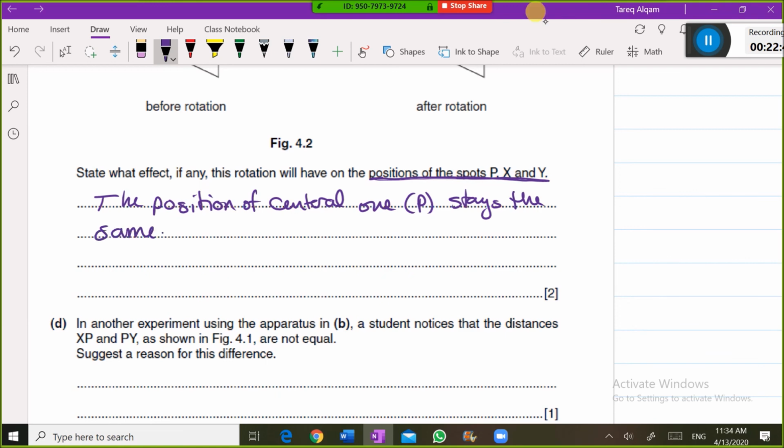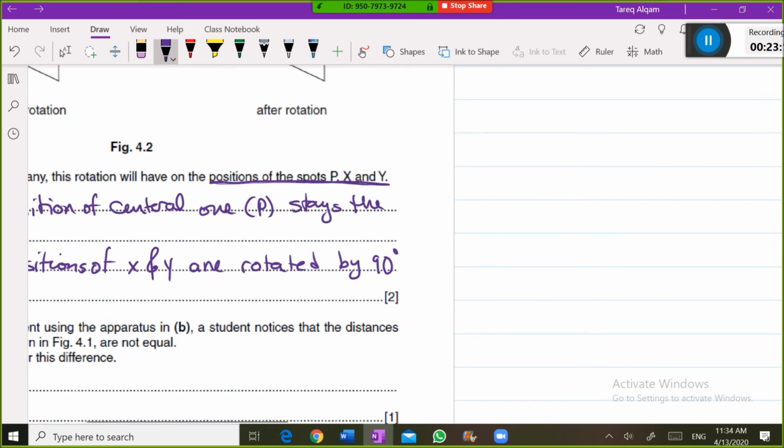But the positions of X and Y are rotated by 90 degrees as well. Instead of X in this direction and Y in that direction, they become like this.